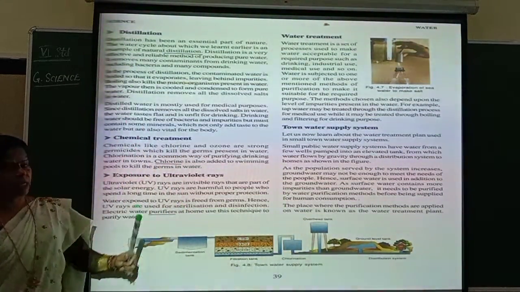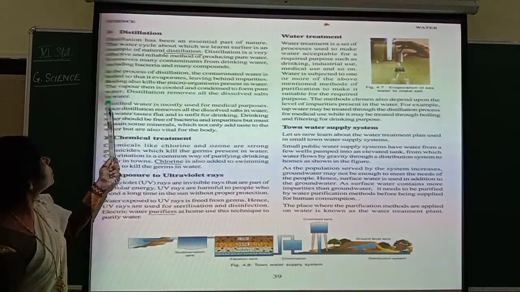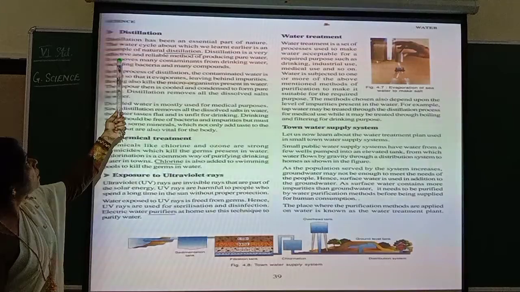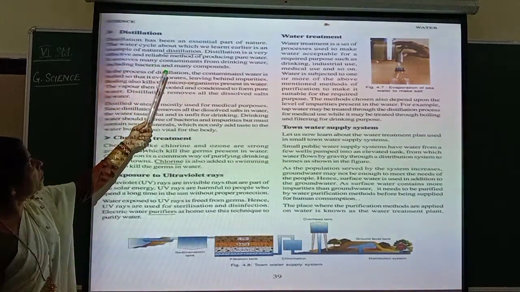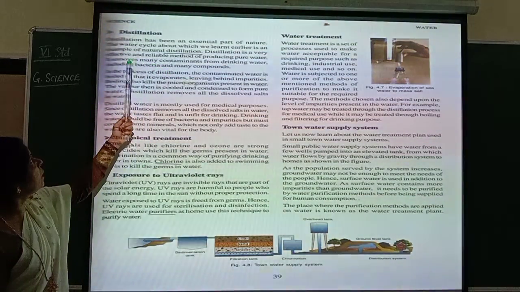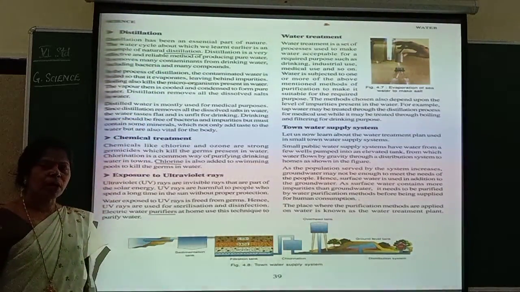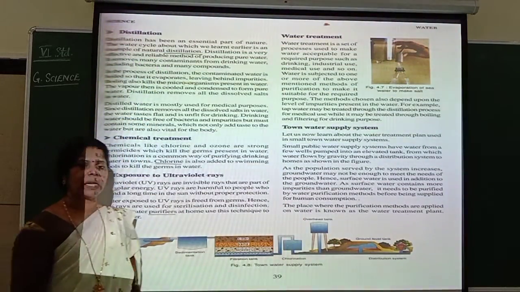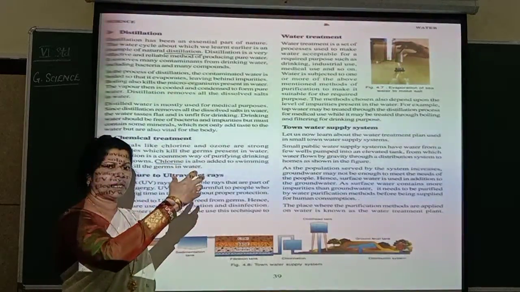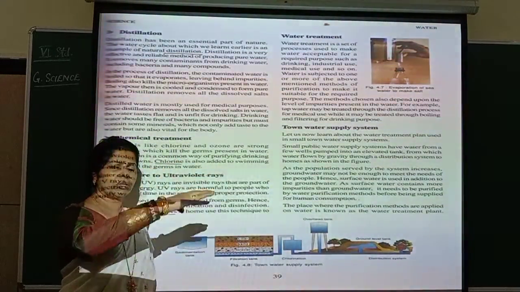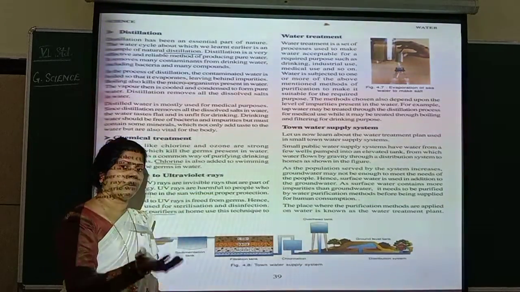It is distillation. So what is distillation? See, distillation has been an essential part of nature. The water cycle, about which we learned earlier, is an example of natural distillation. What is the water cycle? Due to the heat of the sun, the sunlight is falling on the water resources. Due to the heat of the sun, what happens? This water gets evaporated.